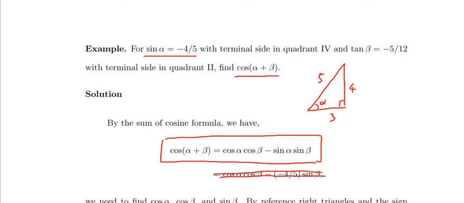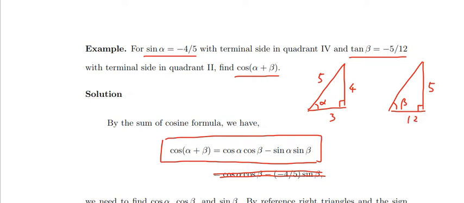So forget the negative. And for beta, this time the tangent of beta. Suppose this is beta, and the tangent equals 5 over 12.